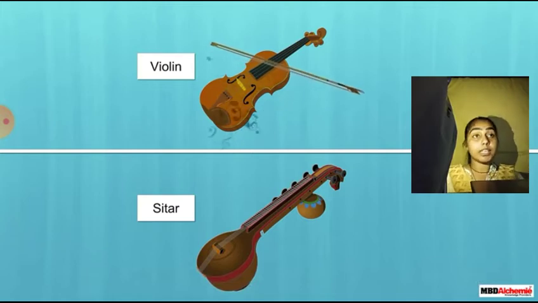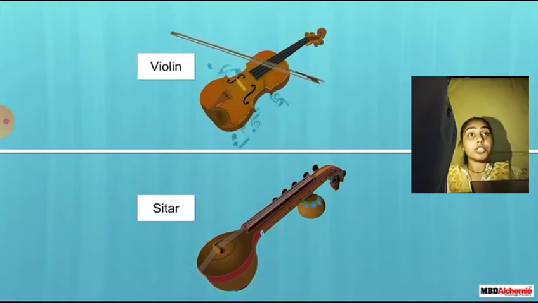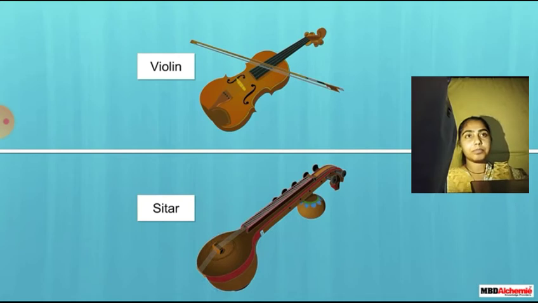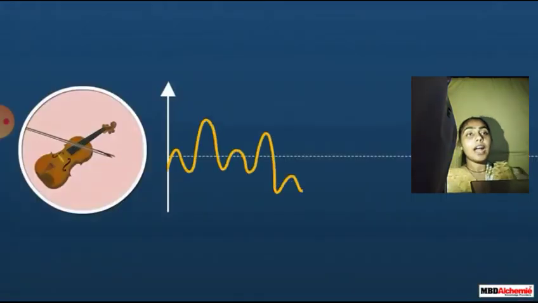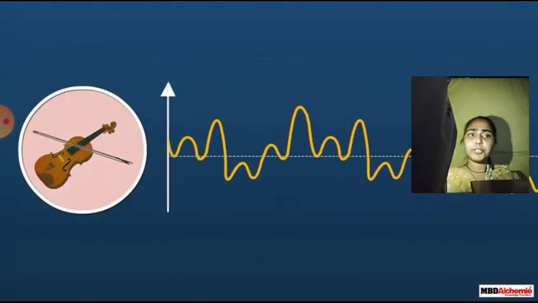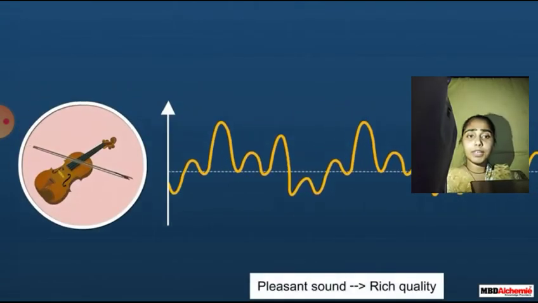You can see that if we listen to the guitar, it is soft. You can hear this. It is pleasant and gives peace to our mind. These are rich sounds. In the graph you can see different amplitude, different frequency, but pleasant sound.